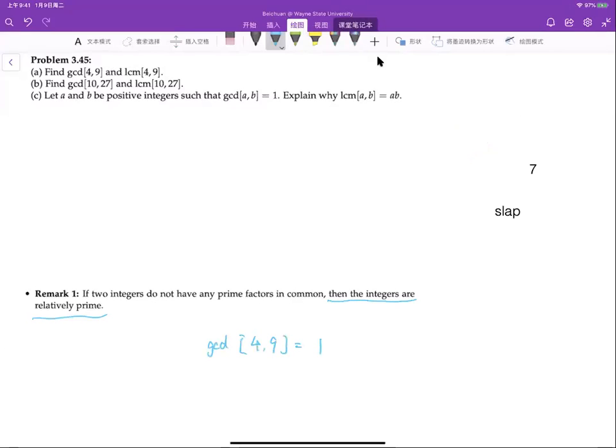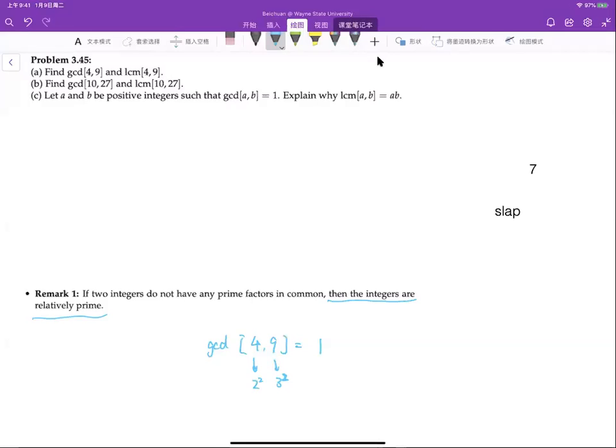If you consider the GCD of 4 and 9, it's 1 because 4 is 2 squared and 9 is 3 squared, right? They don't have any common term in their prime factorizations, so they are called relatively prime numbers. However, neither of them is a prime number, right?